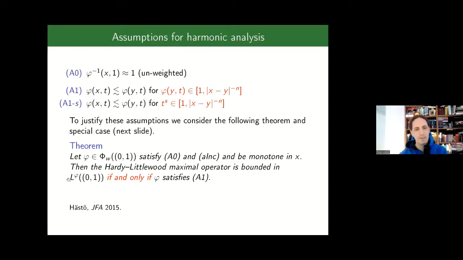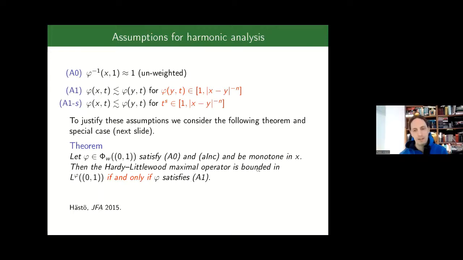So here is my first motivation why this A1 condition is reasonable. So we can say in this kind of restricted situation where this phi is monotone in the variable x, then this maximal operator, the Hardy-Littlewood maximal operator, is bounded in L phi on the unit interval if and only if phi satisfies A1.